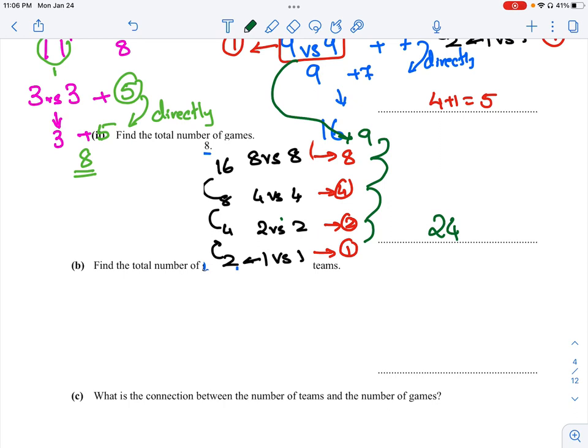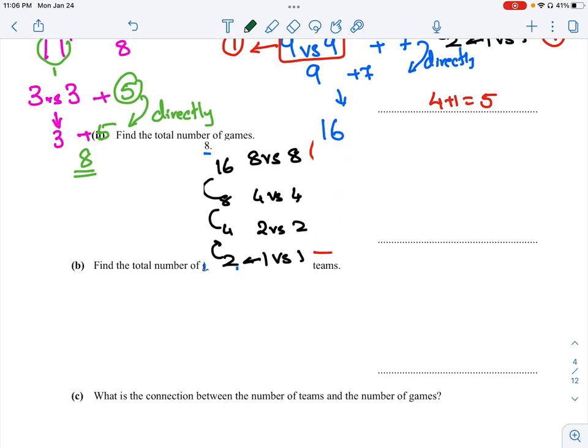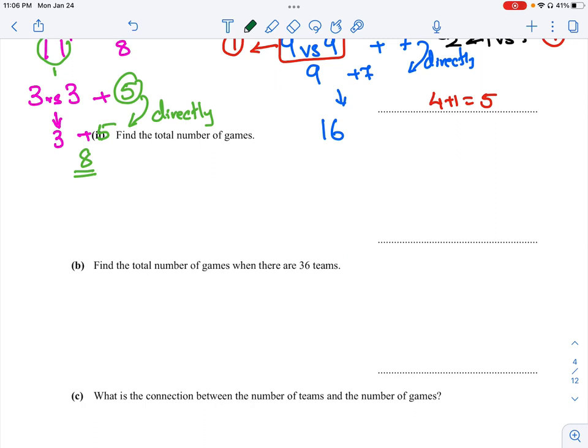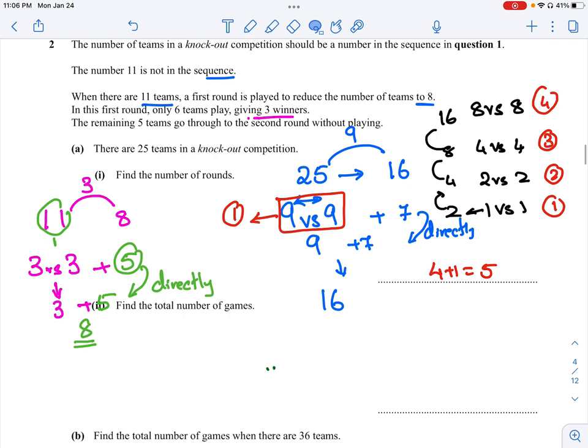Now to the next one. This has been hiding over here. Find the total number of games when there are 36 teams. If you see in the question paper, this is 36 teams. So what I will do is I'll go back and paste this one so that it is visible. So again I get back this.